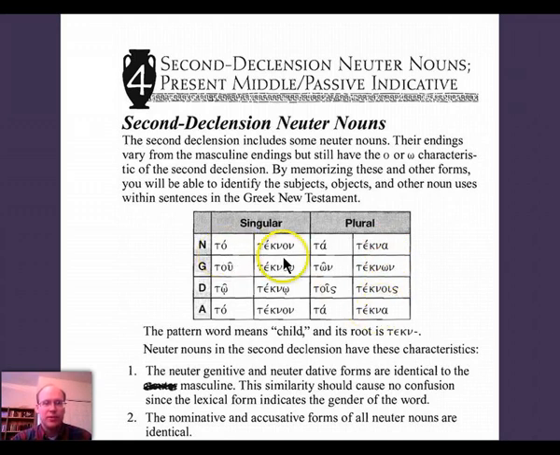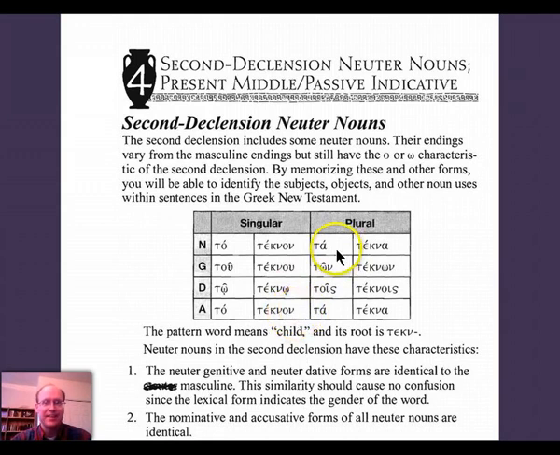So to teknon, the child. To teknou, of the child. To teknō, to or for the child. To teknon, the child. And if we left the articles off, then it would just be child, of a child, to or for a child, and a child.